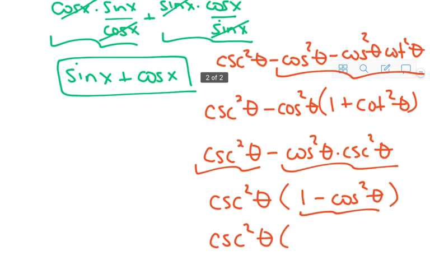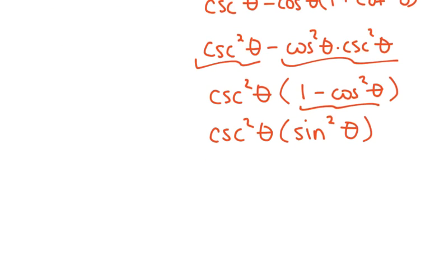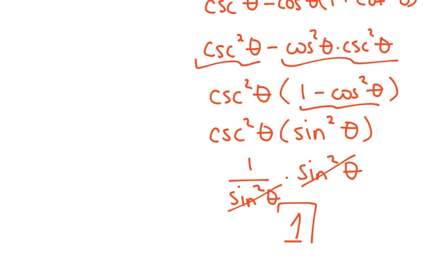We said it was the same as sine squared theta. Cosecant squared theta, its reciprocal is 1 over sine, so cosecant squared must be 1 over sine squared. Wait a second, these cancel. And when they cancel, what am I left with? I'm left with a 1.